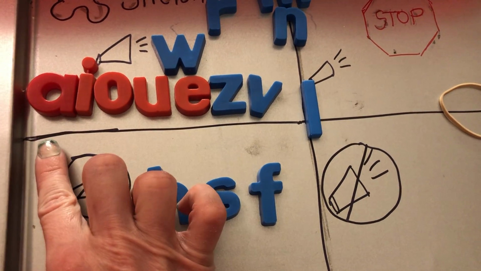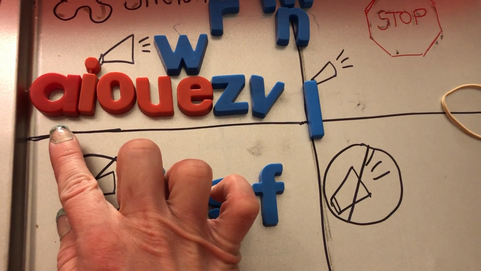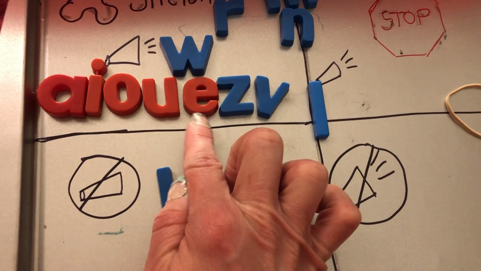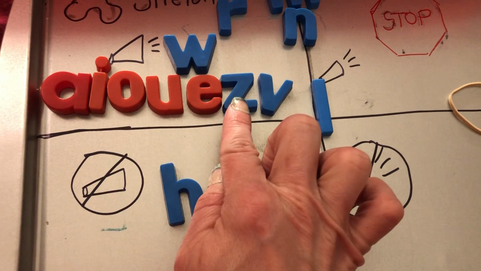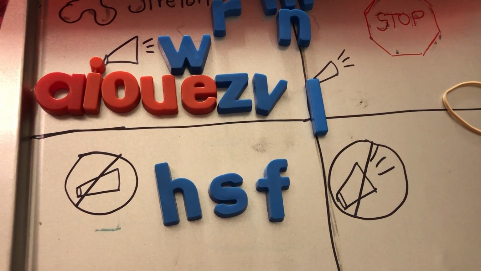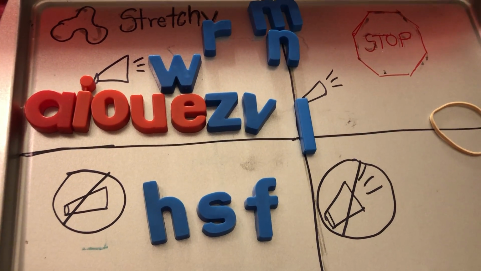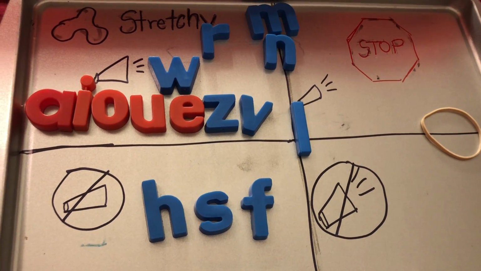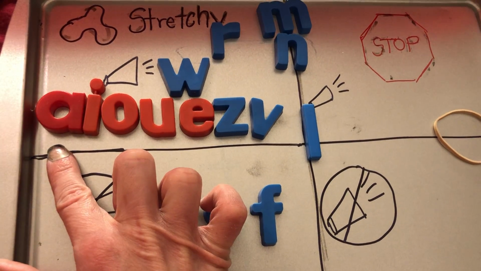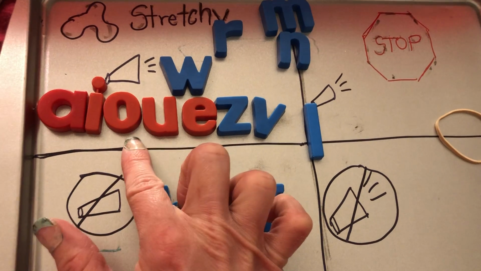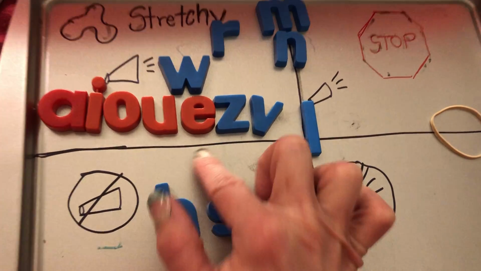But right now we're focusing on the 5 main vowels: A, I, O, U, E, or in order it'd be A, E, I, O, U. And we're focusing also on just the short vowel sounds for now. So short A is A, I is I, E.